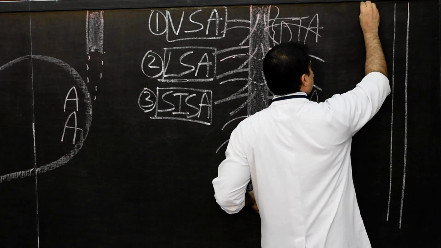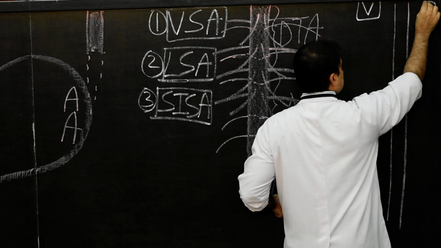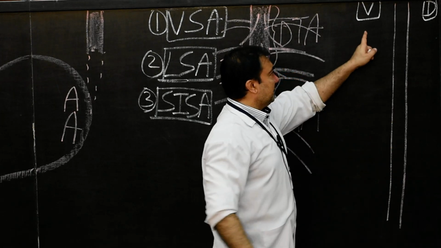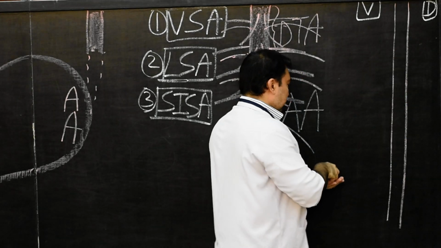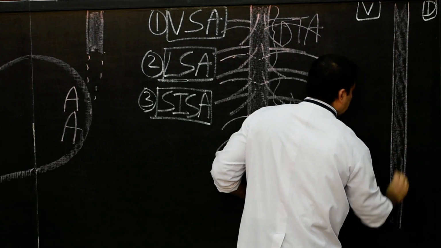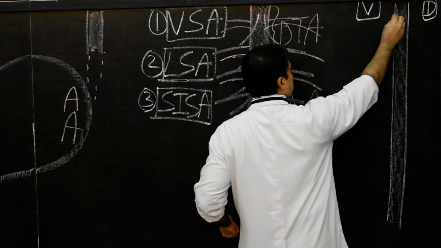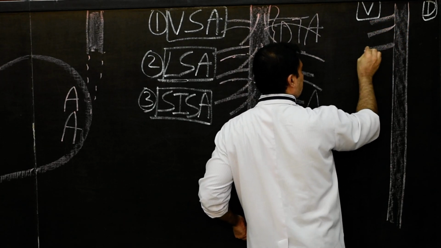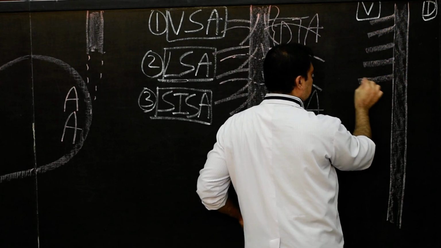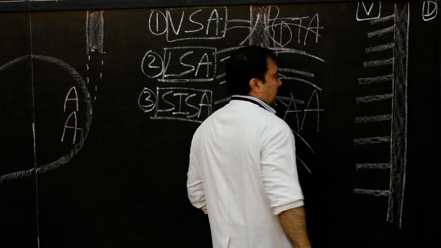So this will be ventral and this will be dorsal. Remember this aorta which I have drawn, ventral and dorsal, sagittal view. Now here I'll put some color inside. And now ventral splanchnic: there will be so many arteries which will take origin from the ventral wall. These are the arteries from the ventral wall of the aorta.